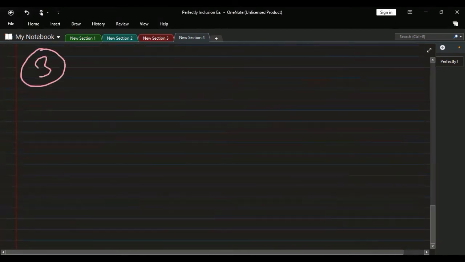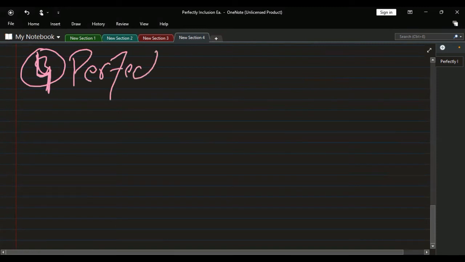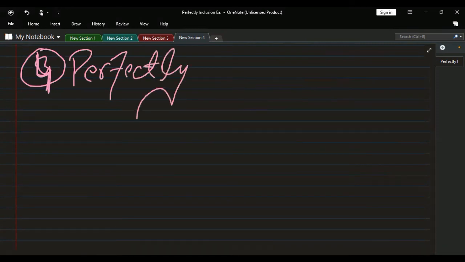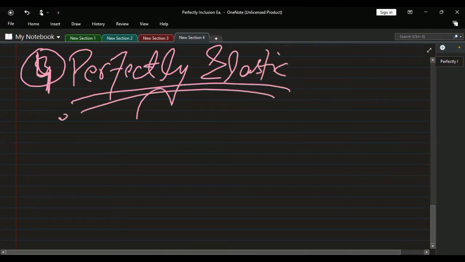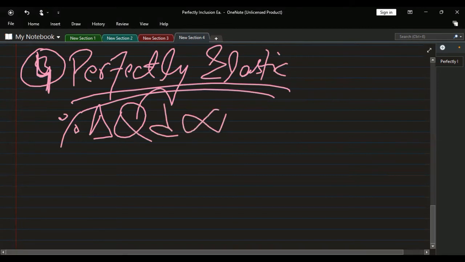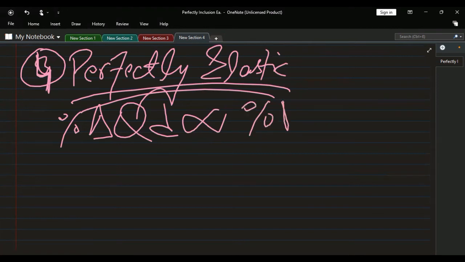The fourth one is perfectly elastic. It is the percentage change in quantity demanded is infinite or such a large change as compared to the price level.